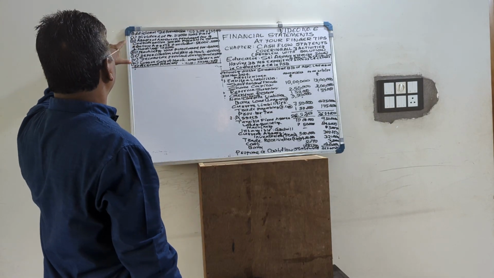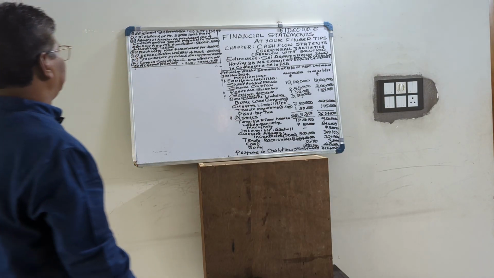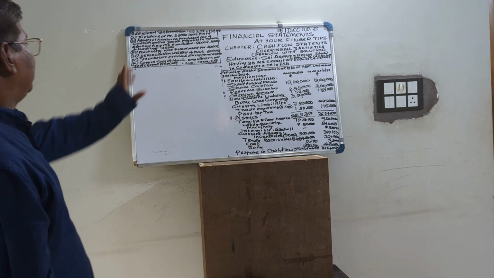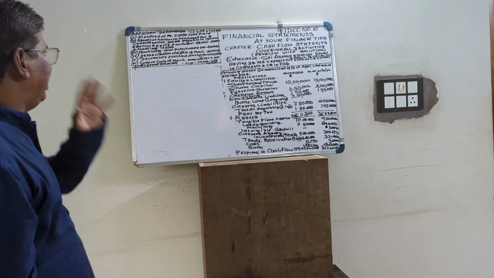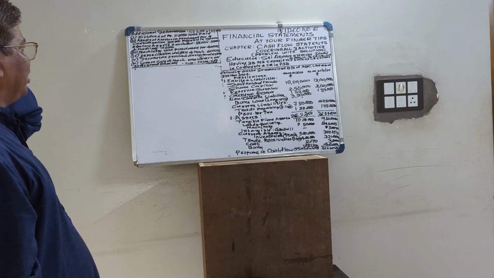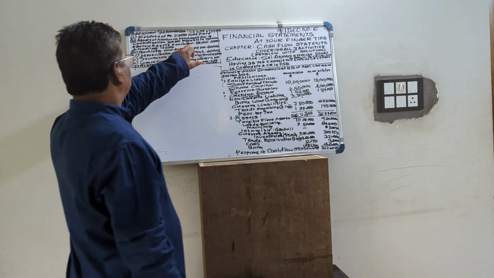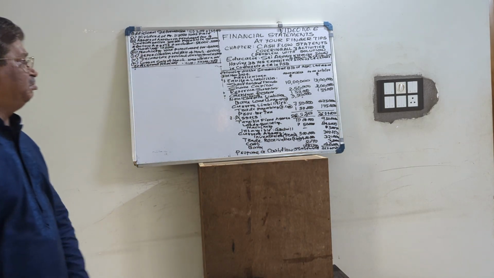Then assets of another company were purchased for a consideration of 3 lakh, but 3 lakh in the form of shares. The company has issued 3 lakh shares to another company for purchasing its assets. Assets purchased: stock 1 lakh, machinery 1,25,000.